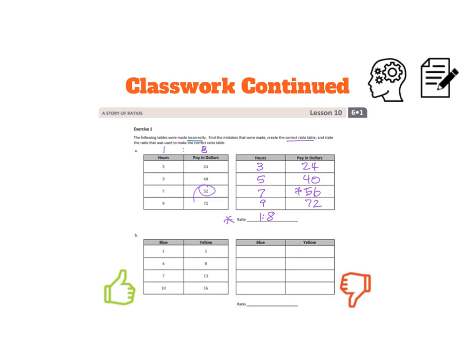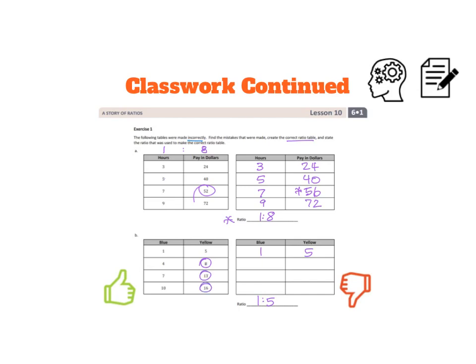Blue to yellow. We've got a 1 to 5, so I know a 1 to 5 ratio. So I'm going to put that in the very beginning. Then 1 times 4, 5 times 4. That doesn't work. 1 times 7, 5 times 7. Nope. 1 times 10, 5 times 10.